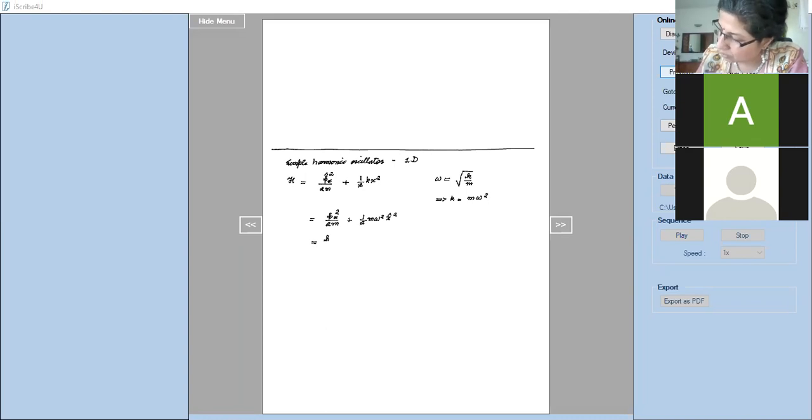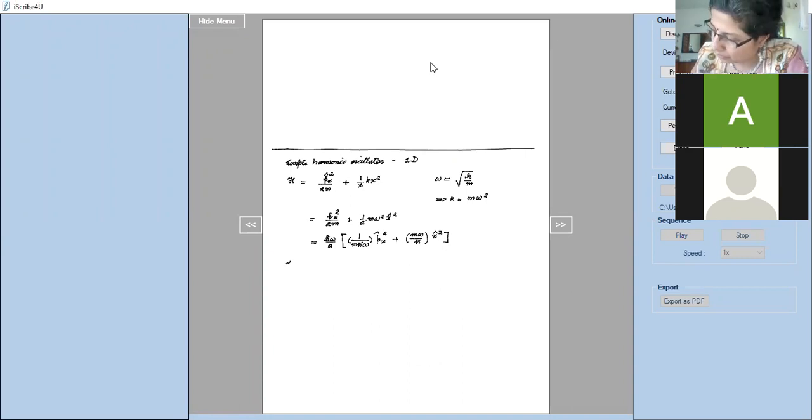You take out an h cross omega by 2 common, and what you end up with is 1 upon m h cross omega, which you realize is a number, into px square plus m omega by h cross into x square, right?